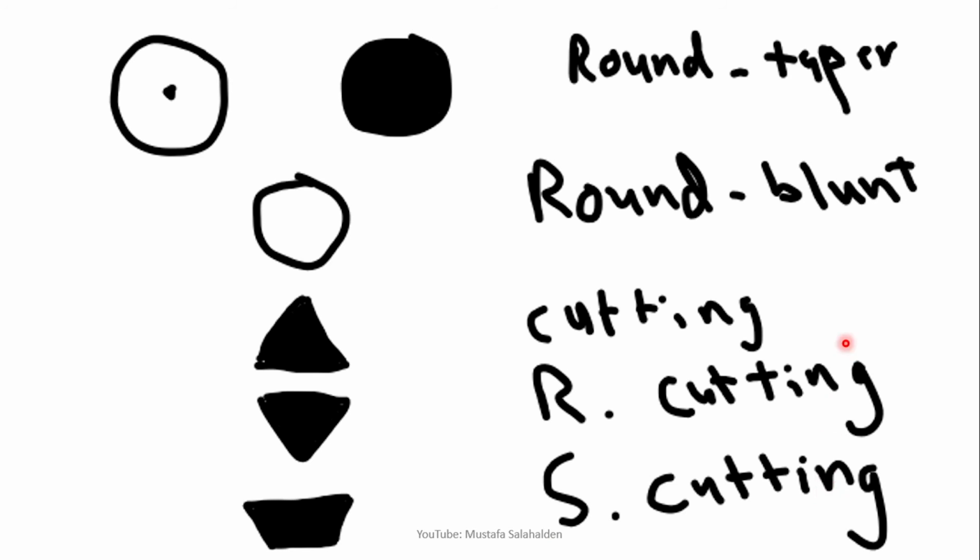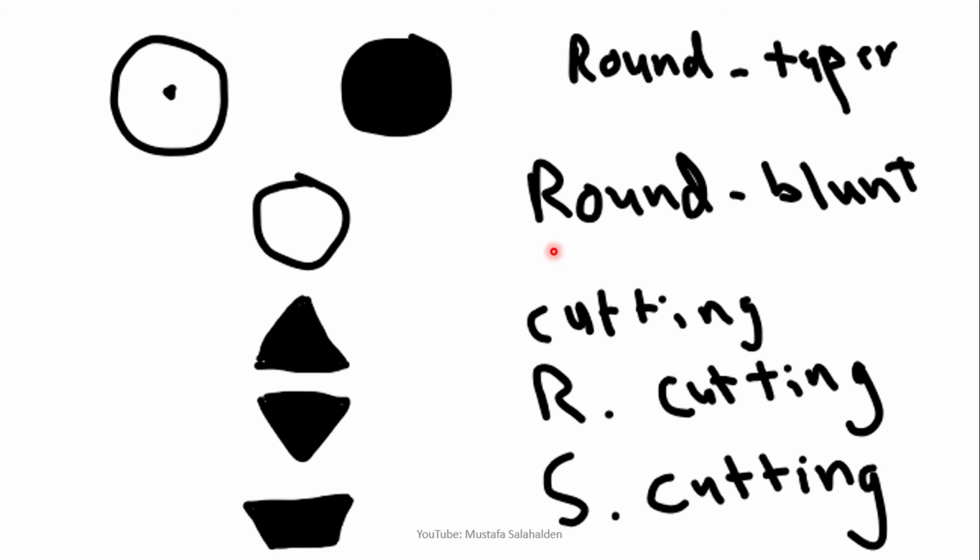And this drawing here shows the symbols that are used for each one. So we have the round bodied needle, tapered point. Those are expressed by this symbol, which is a circle with a dot in the center of the circle, or expressed as a circle which is dyed in black.